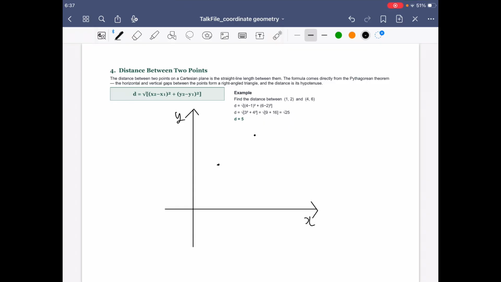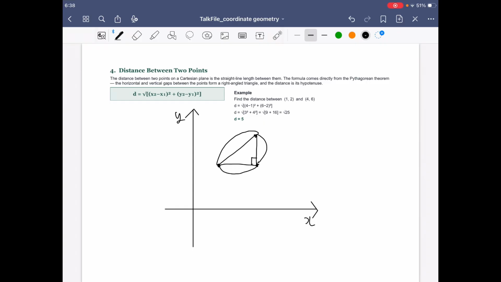Then use the Pythagoras theorem that we learned. So the only way to find this distance is draw a right angle triangle. Why the right angle triangle? Because it is really easy to find this distance and this distance.